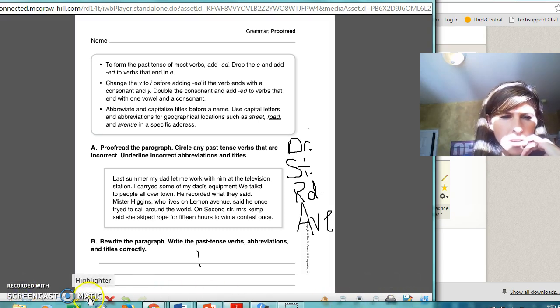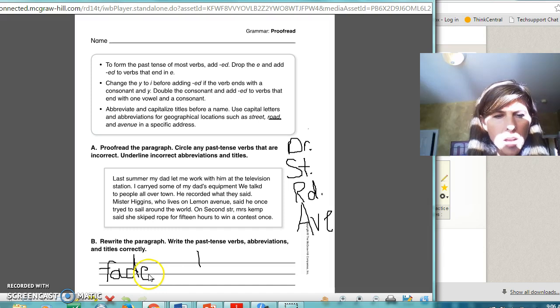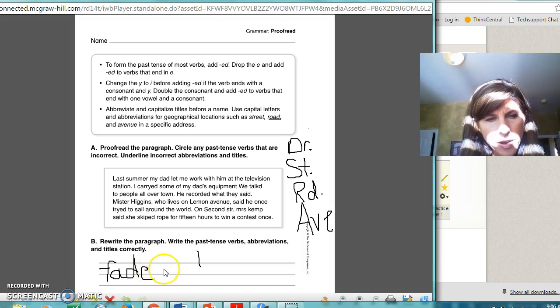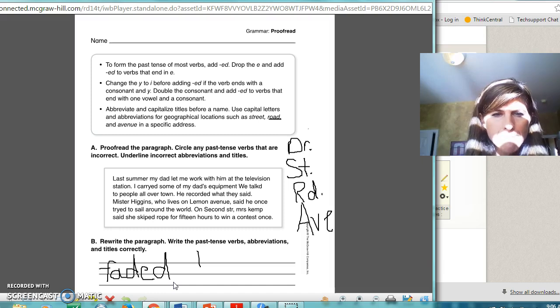Okay, so this can be kind of confusing because, so let's just say we have the word fade, F-A-D-E, and you want to say he faded. It ends in an E, so you basically drop the E and then you add ED, so really you're just adding a D to it.